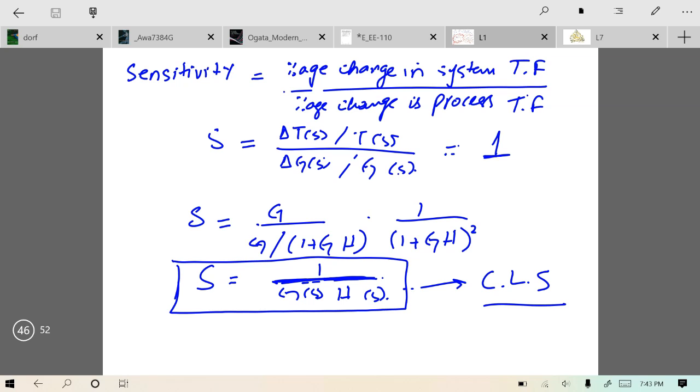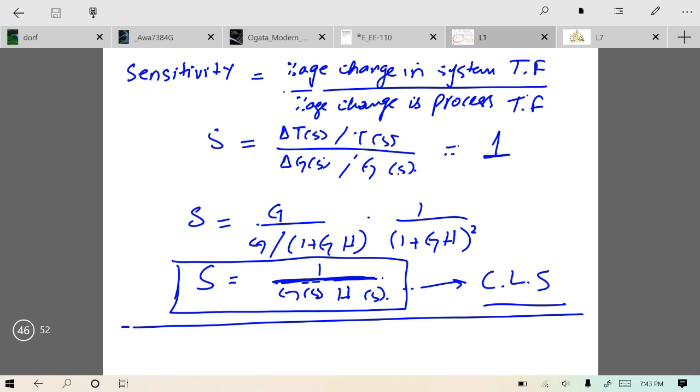So we can conclude that an open loop system is more sensitive and a closed loop system is less sensitive to parameter variations in your process or in your environment.